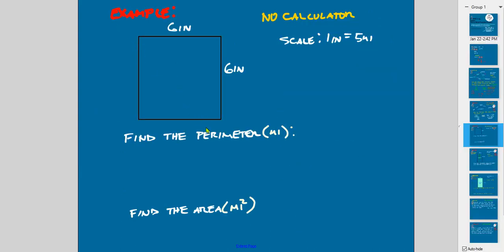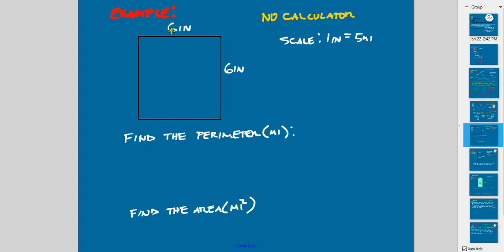Okay, this time I have a square where I want to calculate the perimeter in miles and the area in square miles. So the scale dimensions are 6 inches by 6 inches. This is not accurate, but we're going to imagine it is. So the scale is 1 inch on the scale drawing to 5 miles actual.